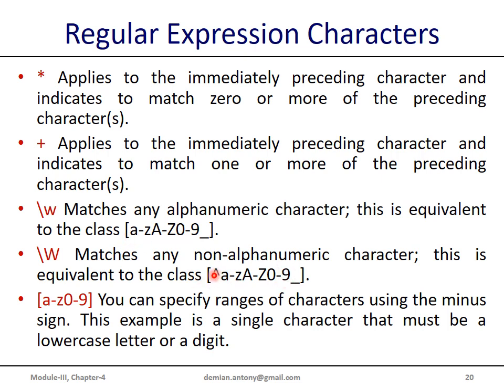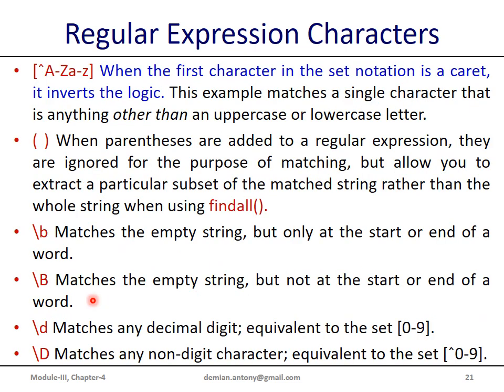So the caret, if it is found within the square brackets, implies inversion. So this is the range of values. You can specify a to z and 0 to 9, capital A to Z. This is inversion: any character other than A to Z and small a to z.